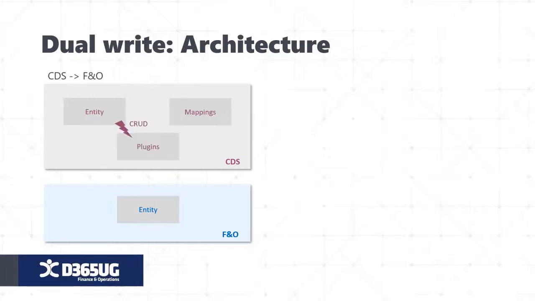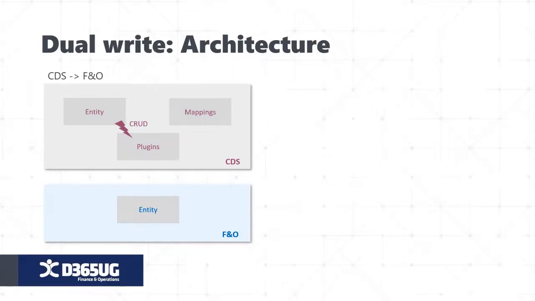So what happens when data changes happen on an entity in CDS? CDS has its own plugins. These plugins are not new, especially for dual write. These plugins already exist on the CDS side, in Dynamics 365 for Sales.